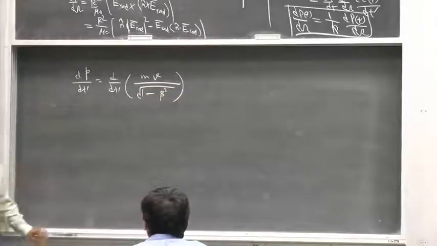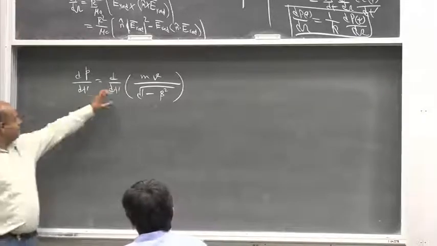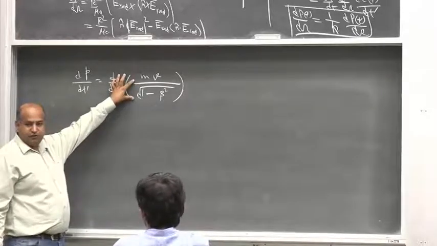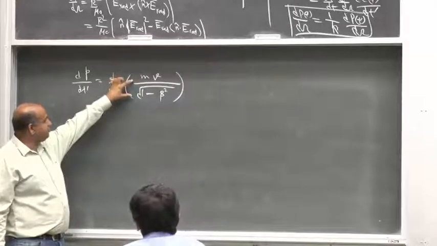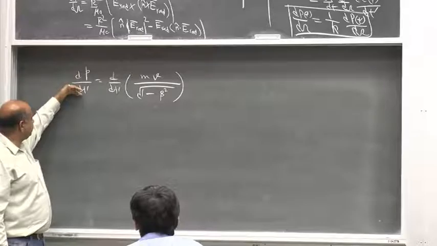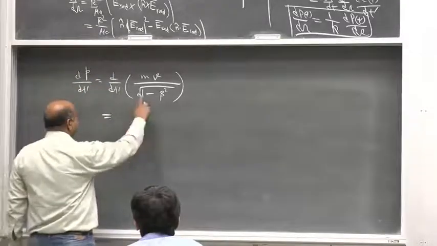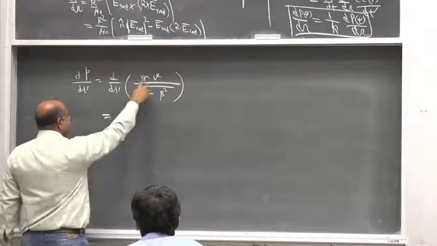Relativistic momentum. I think we did modify the Newton's second law where we saw that the relativistic momentum is given by this. So this is the momentum of the particle. So the force on the particle, which is dp by dt prime, can be found from this, and you can find this by chain rule.